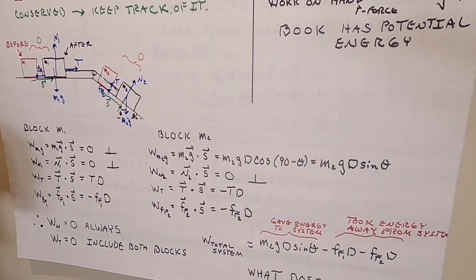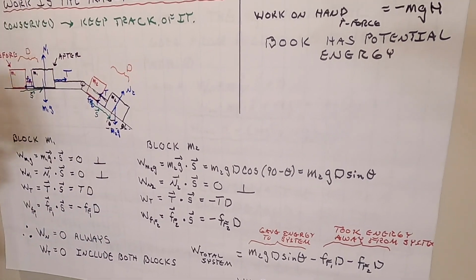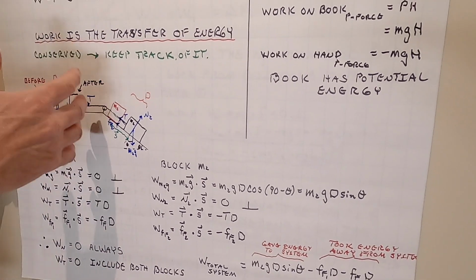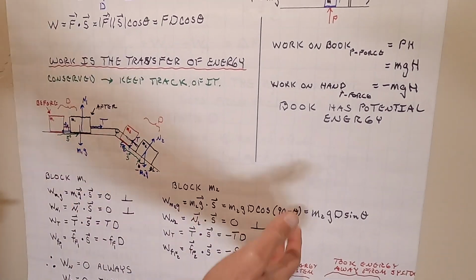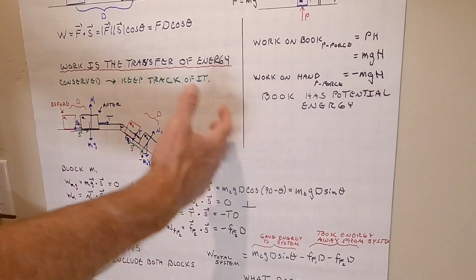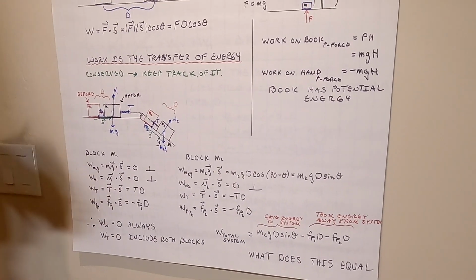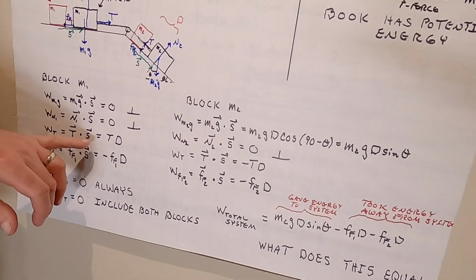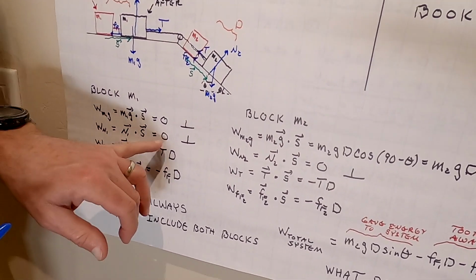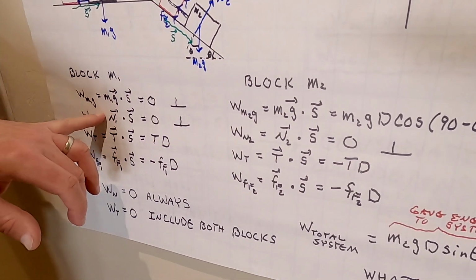Now, when we looked at forces, we looked at one object at a time. When we look at work and energy, we want to look at the whole system. So suppose we were to add up all the works to get the total work. Well, first of all, you notice the work due to normals is always going to be 0.